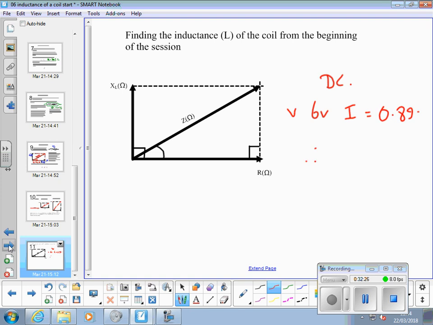Therefore, R is equal to V over I, 6 over 0.89, equals 6.74, sorry.